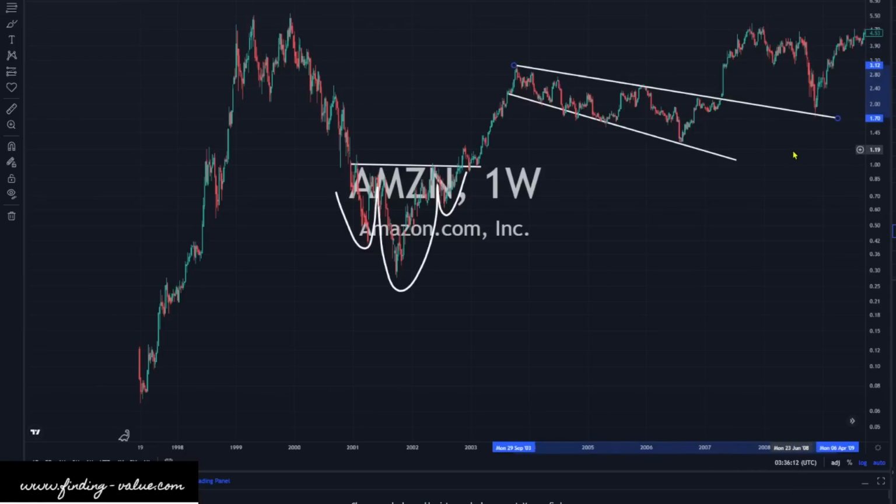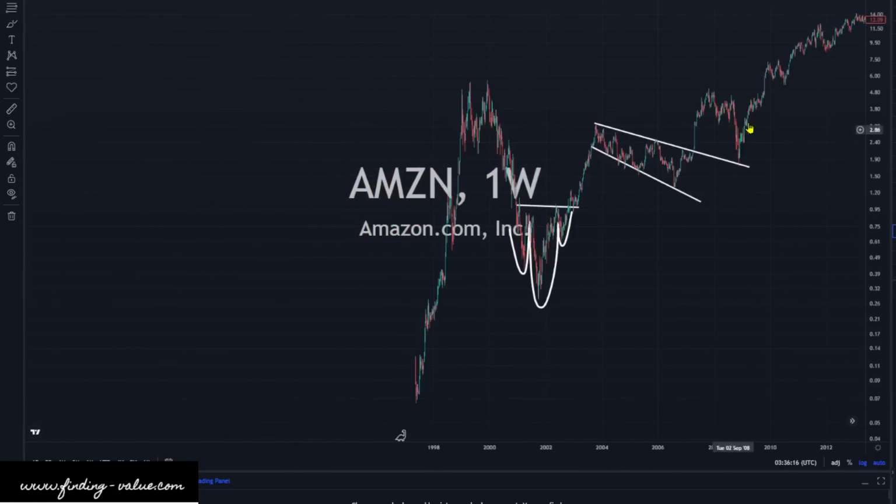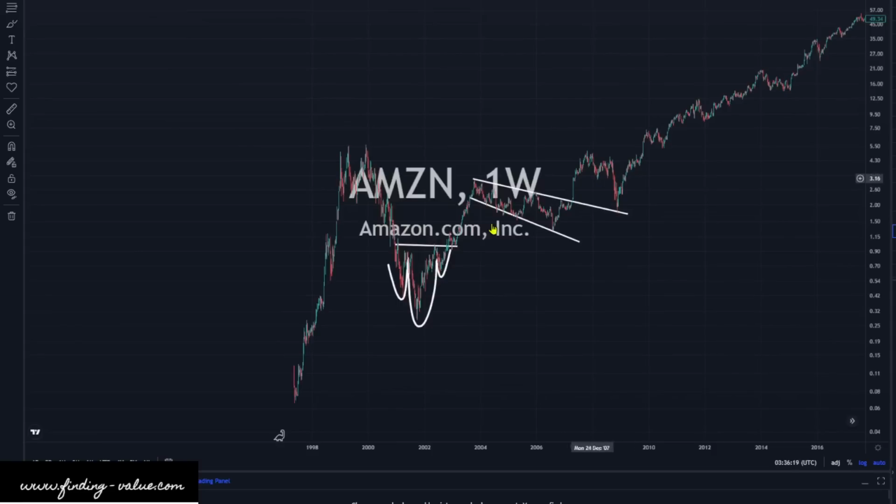And the person who held on would have really benefited from that, because this had a massive run afterwards. So really what I want to say here is we had a massive run higher. We had the market conditions change, and this was the 2000 kind of crash, 2000, 2001. It bottomed in 2001 for Amazon here. And we're looking for those bottoming patterns.